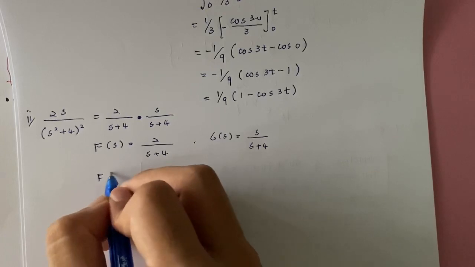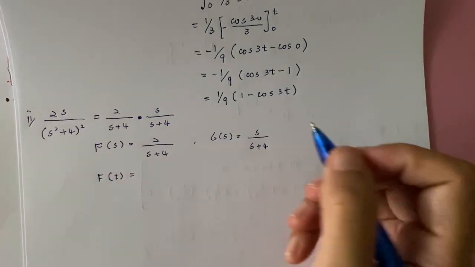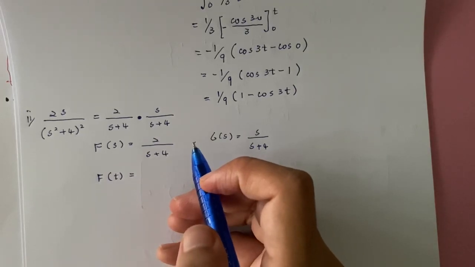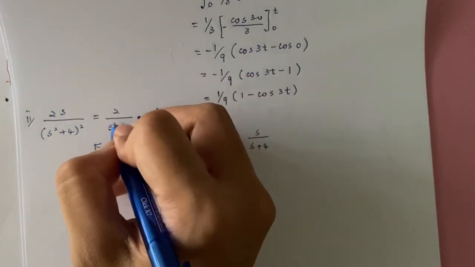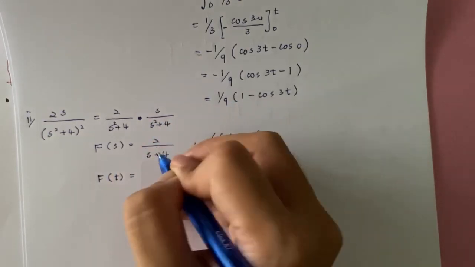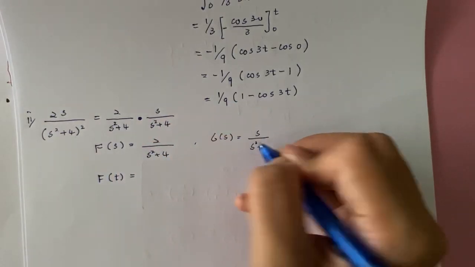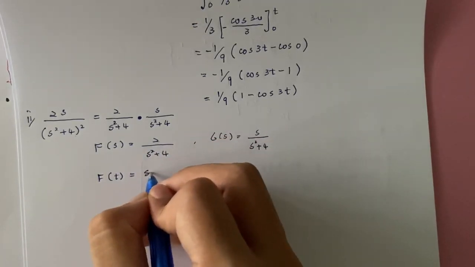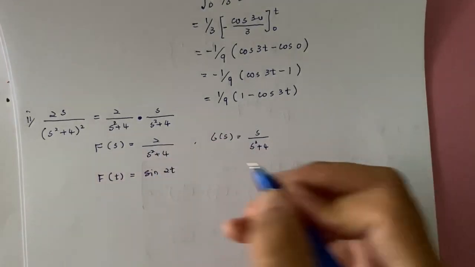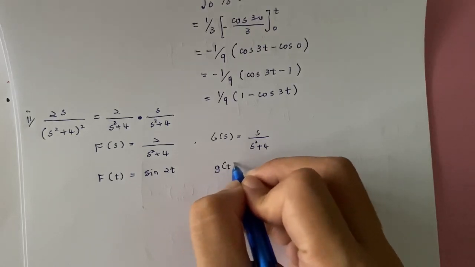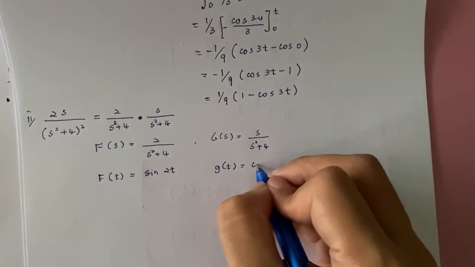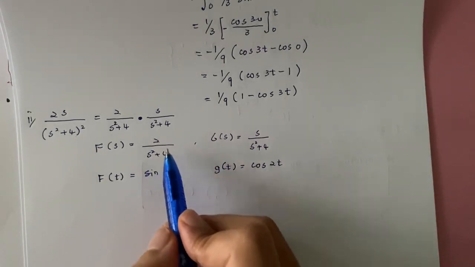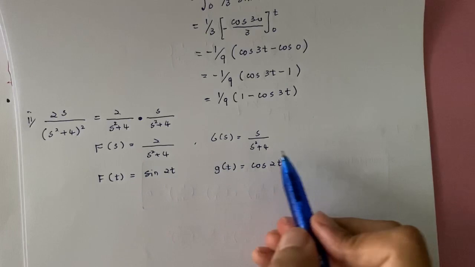And then find the f(t). Sorry, this one is s squared. So f(t) for this one is sine 2t, while g(t) is cos 2t, because you have s squared plus 2 squared. You have 2 here, so this is sine.